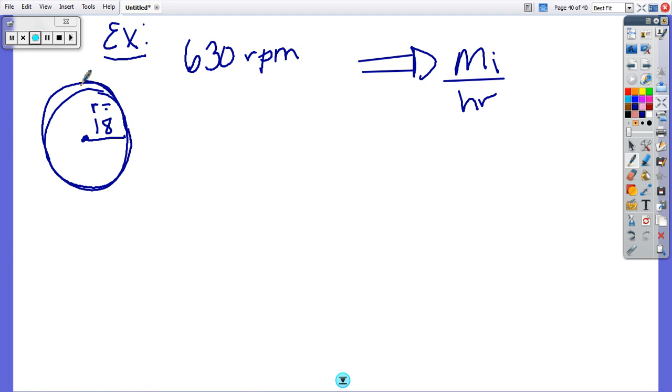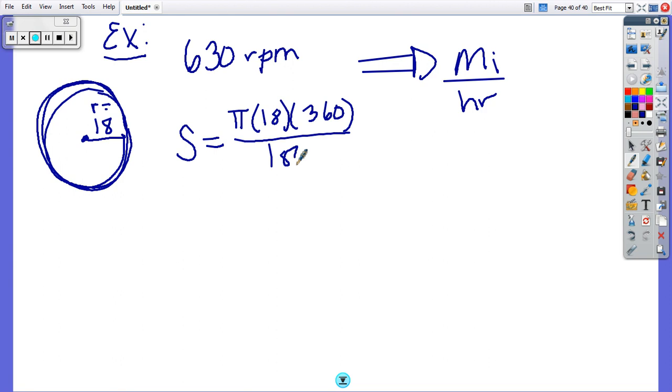Well, the arc length can be determined by that. So if I'm trying to find the arc length of an entire wheel, that's 360 degrees. So I could do S is equal to pi times the radius, which is 18, times 360 degrees, because I want to measure the entire circle, divided by 180.